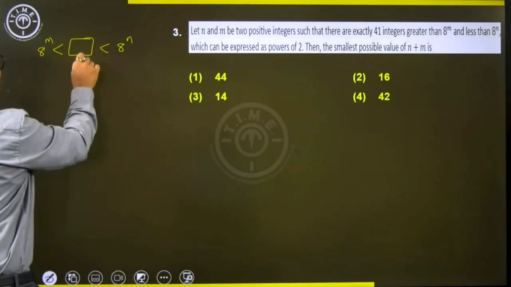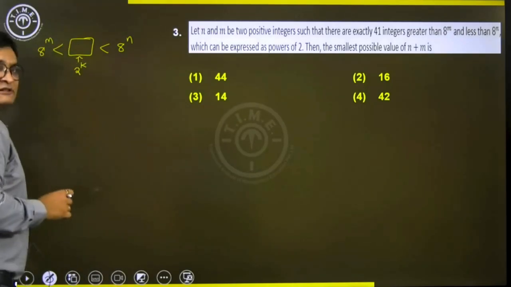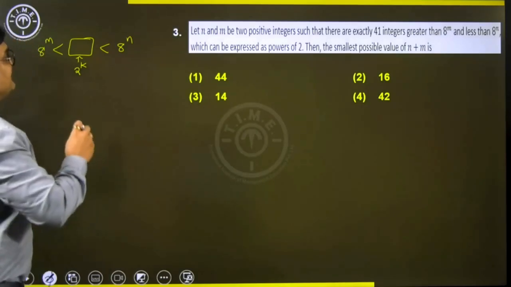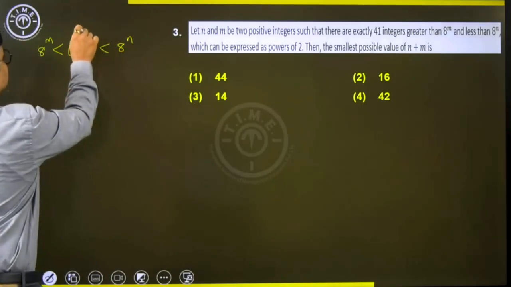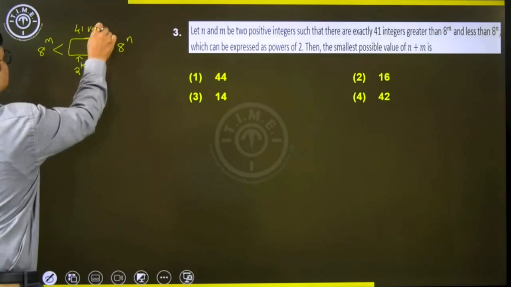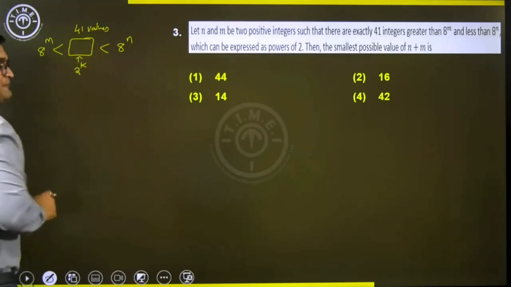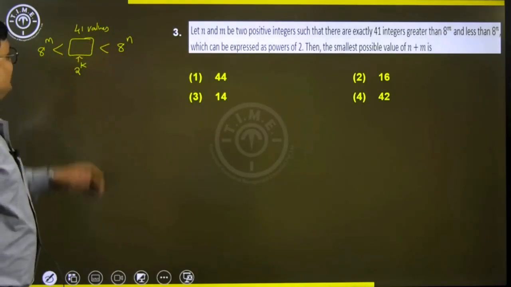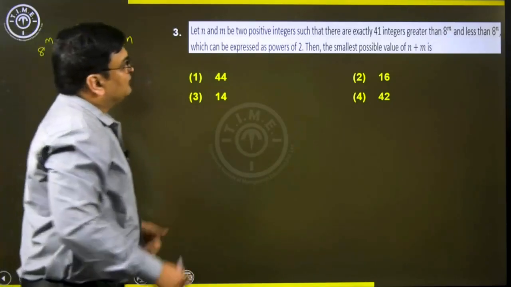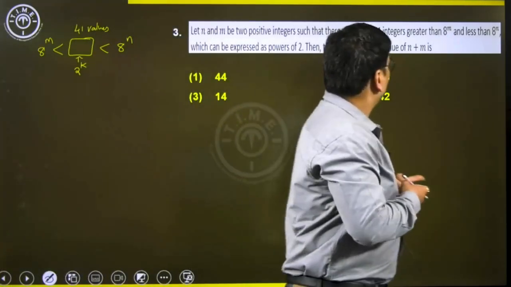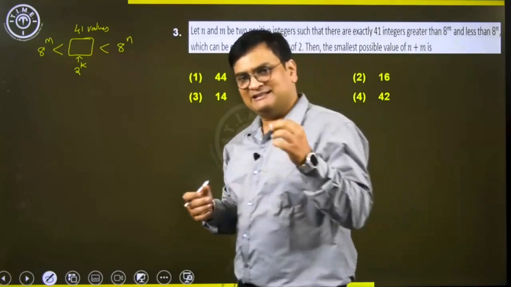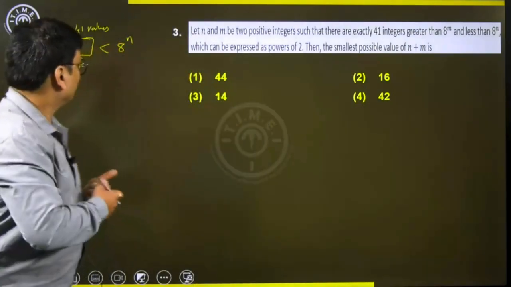All these integers are of the form 2 power k. So basically there are 41 integers of the form 2 power k between these two values 8 power m and 8 power n. Then the smallest possible value of n plus m is, okay.